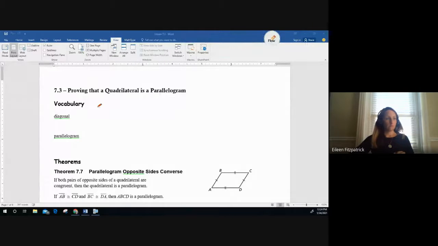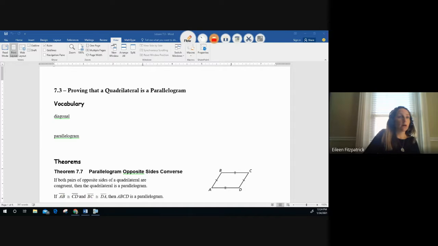All right, so we'll start with our vocabulary, which we already talked about both of these words, so just reviewing them again. Diagonals: a segment that joins two non-consecutive vertices of a polygon.